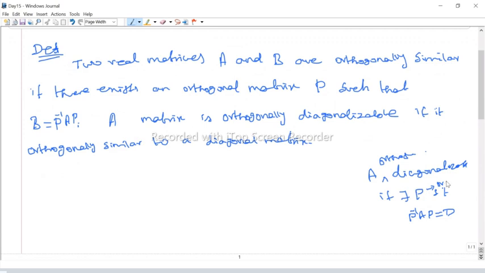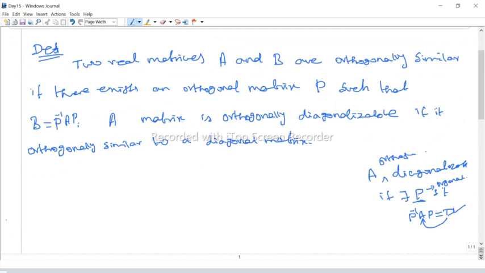Orthogonal matrices are invertible matrices, so with this extra property, P should be orthogonal such that P inverse A P is diagonal. Or we simply say A is orthogonally similar to a diagonal matrix.